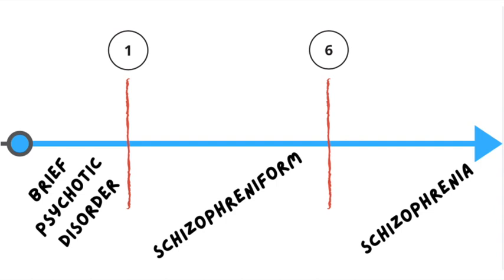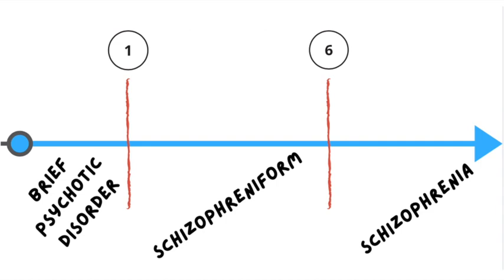Its symptoms are similar to schizophrenia, but the key defining feature is the timing of the symptoms. On the other hand, if a patient has a psychotic disorder for greater than 6 months, then this is schizophrenia.